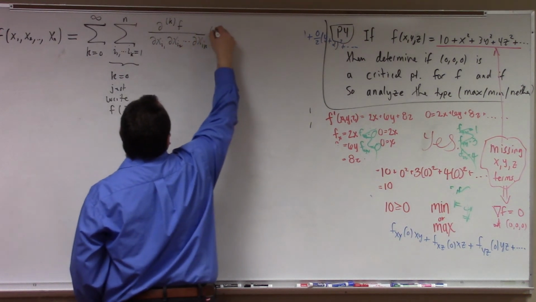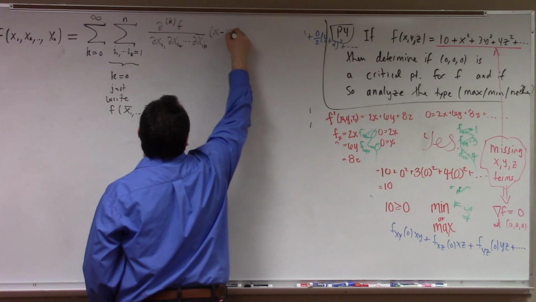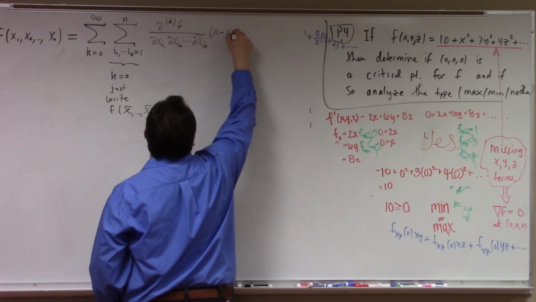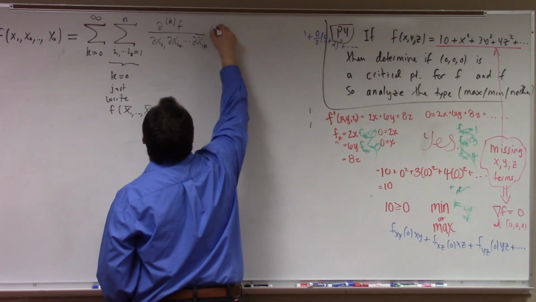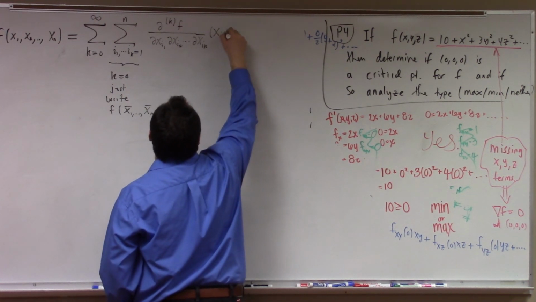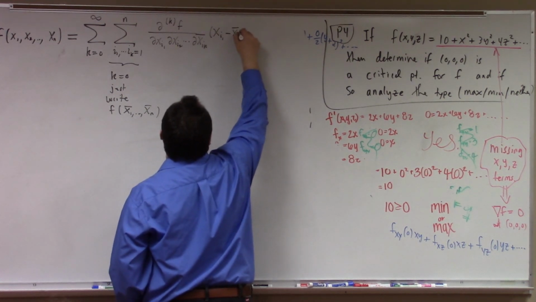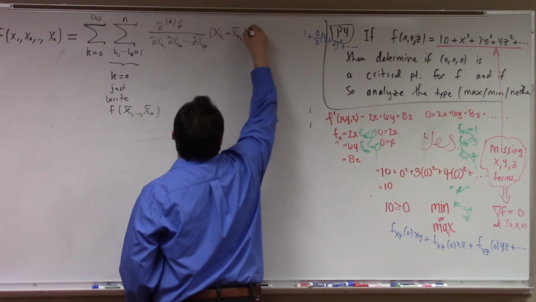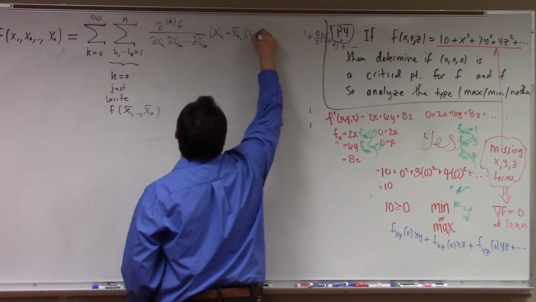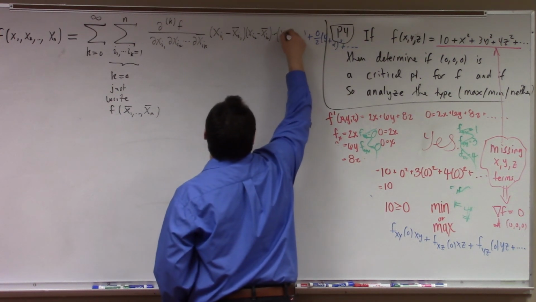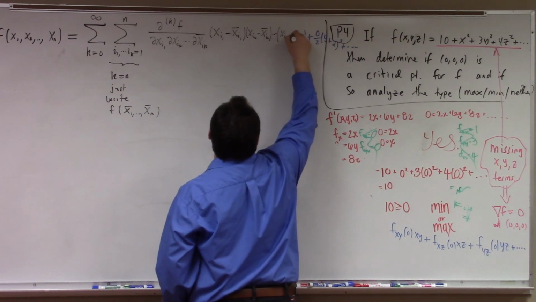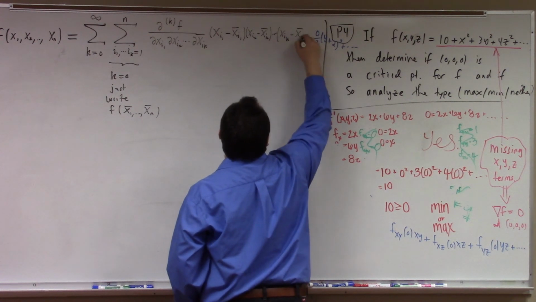And then we multiply by x sub i1 minus x bar i1, x sub i2 minus x bar i2, through x sub ik minus x bar ik.